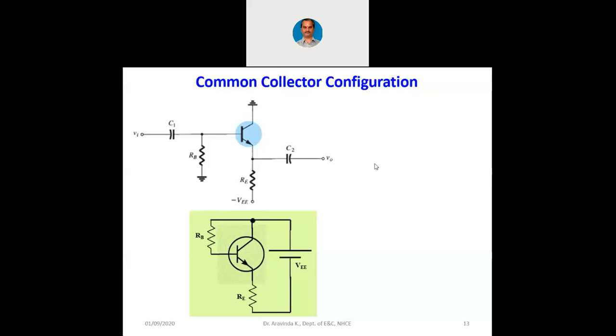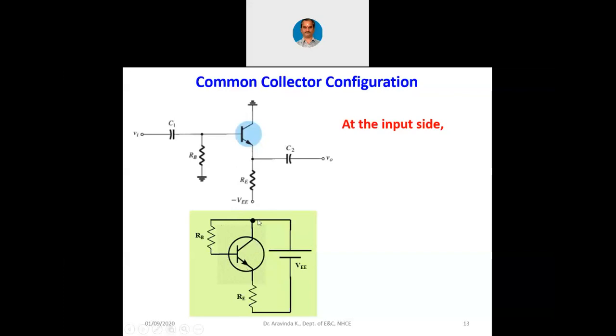Now let me proceed with the DC analysis of this circuitry. Let us apply Kirchhoff's voltage law at the input side. At the input side, we can simply apply the KVL here. With reference to the lower circuitry, you just visualize. Now, VEE is applied across RB, VBE and RE.